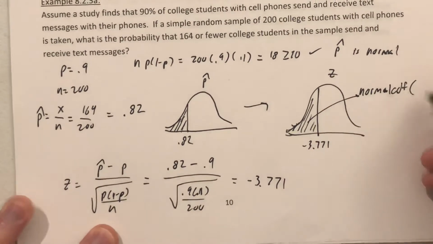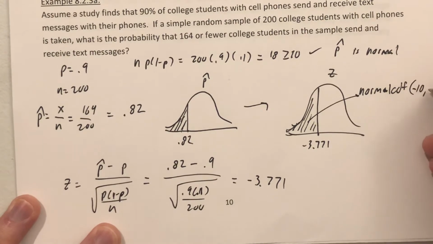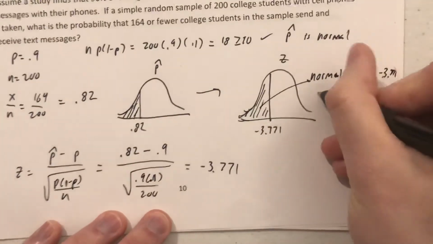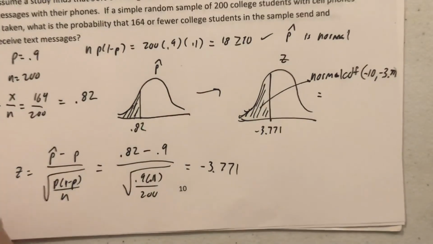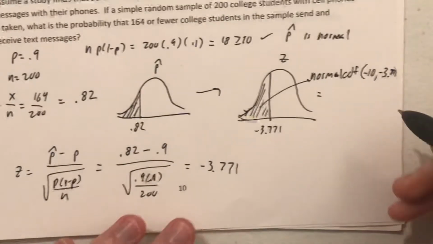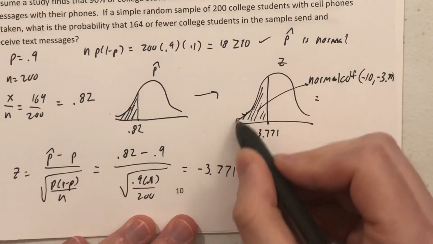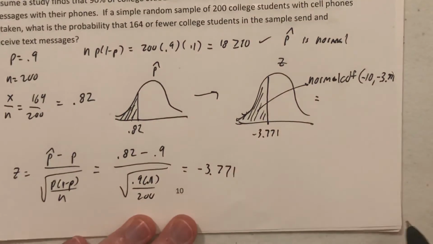So normal CDF of -10 to -3.771, as I squeeze that onto my page there. So with this value being technically so far out here in the corner, very little area to its left.